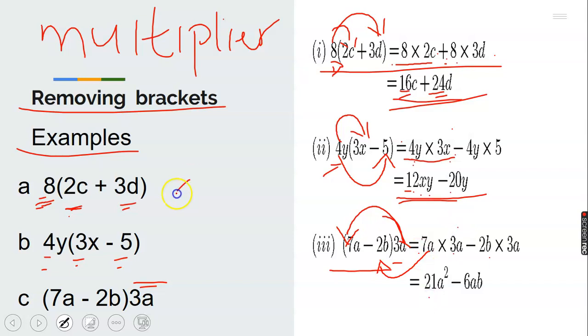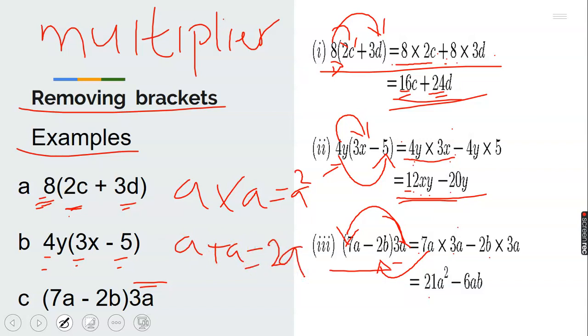Now, look at 7 times 3 equals 21. Don't forget a times a equals a raised to power 2. a plus a equals 2a. You can see they are two different things. This is multiplication, while this is addition. If you have a times a times a, that will be a raised to power 3.